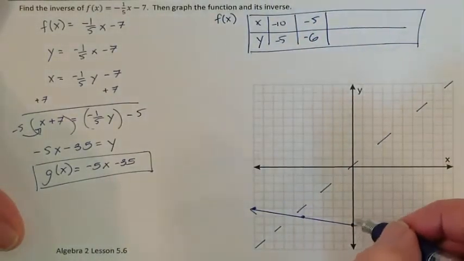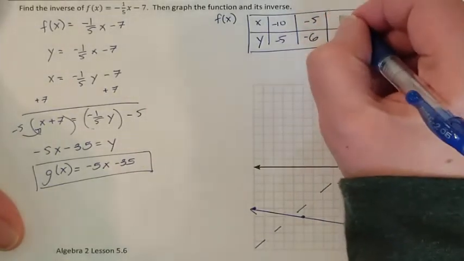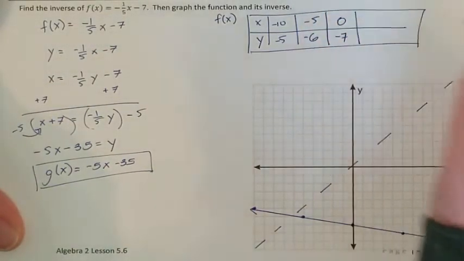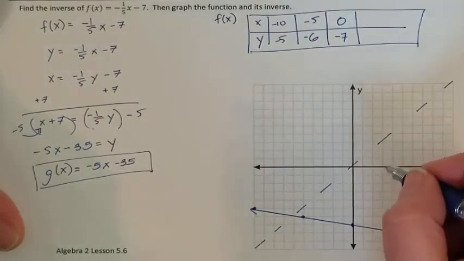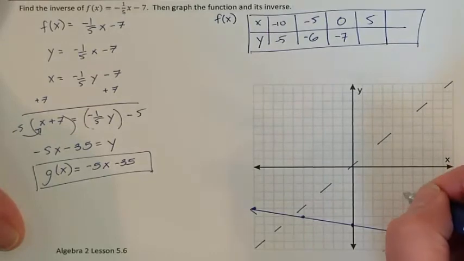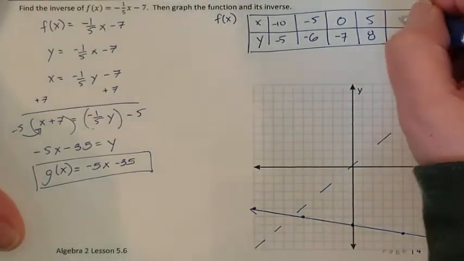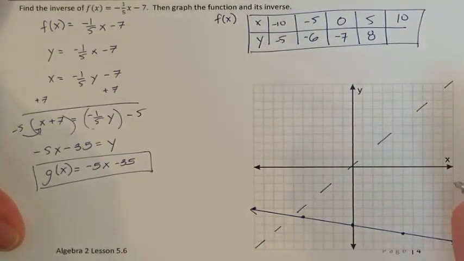The next point I have is 0, negative 7. This point was 5, negative 8. And our last point was 10, negative 9.